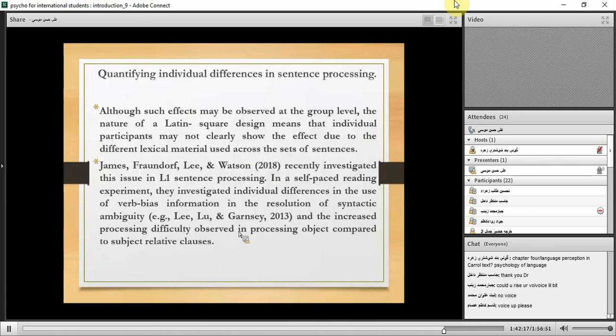They also investigated individual differences in offline measures, investigating comprehension accuracy of verb and relative clause sentences, and in addition tested interpretive proficiency in ambiguous relative clause attachments.